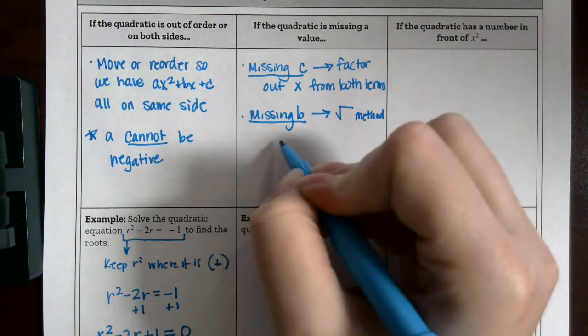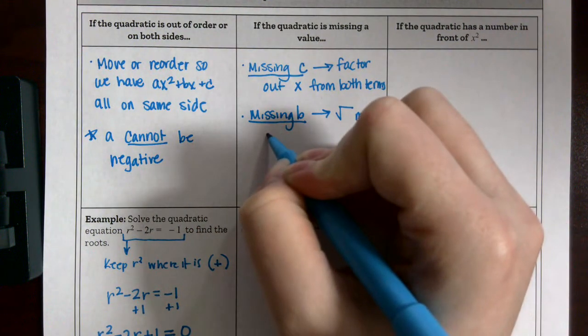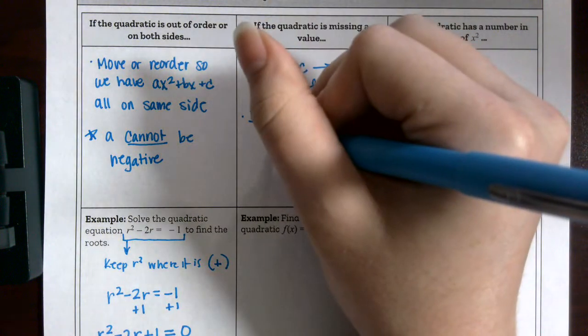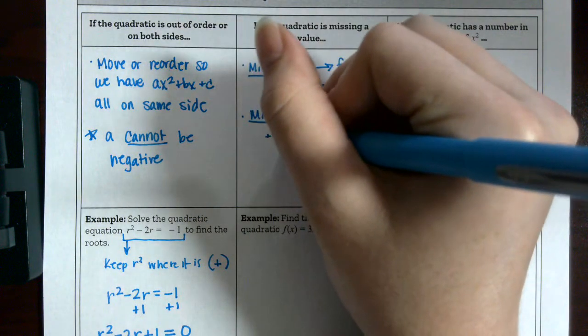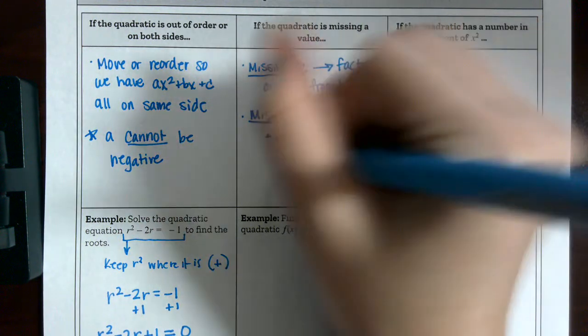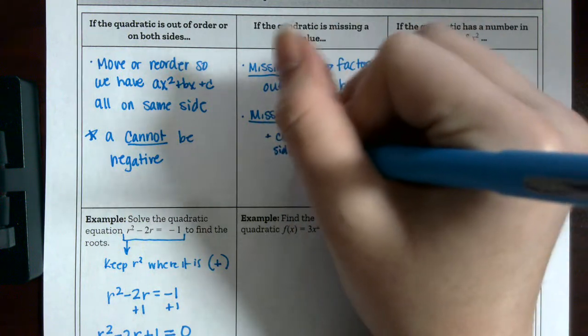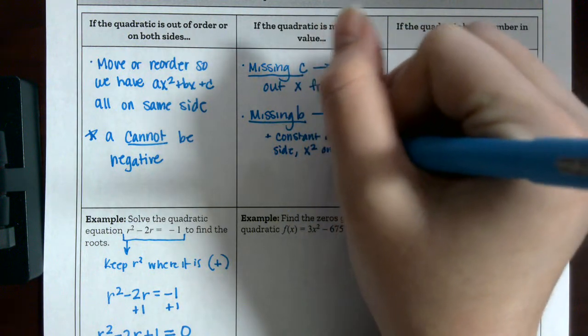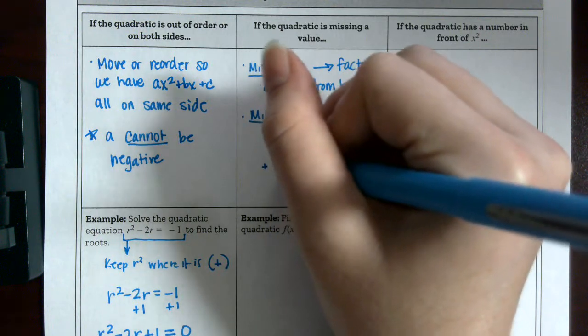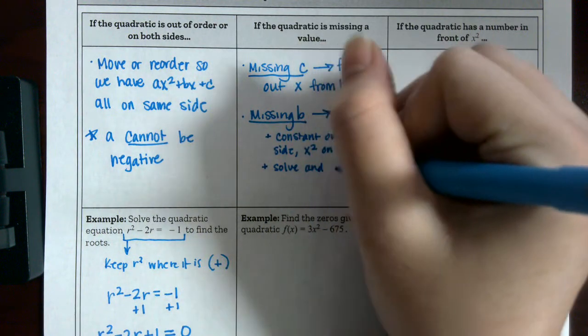And basically what that is, we are going to have our constant on one side, x squared on the other, and we're going to solve in square root.